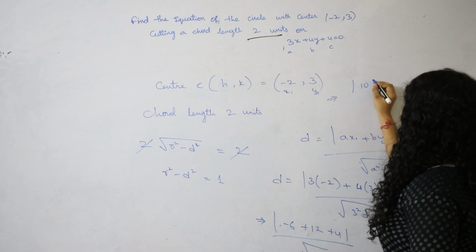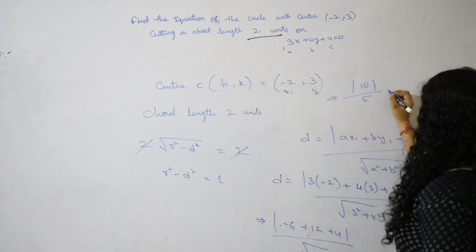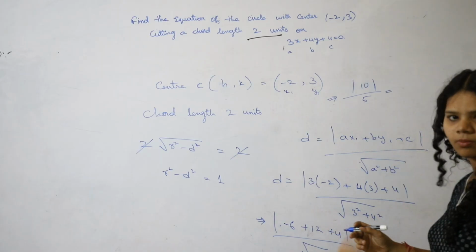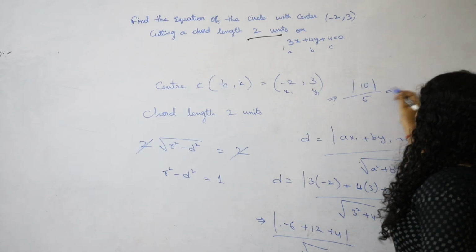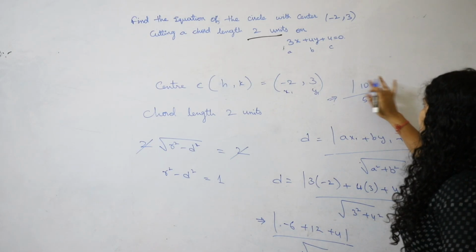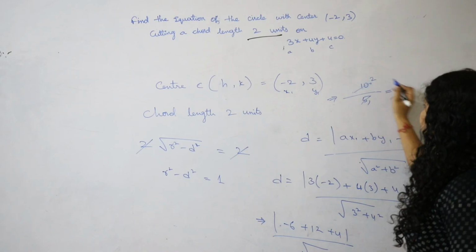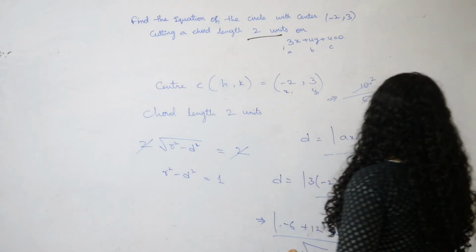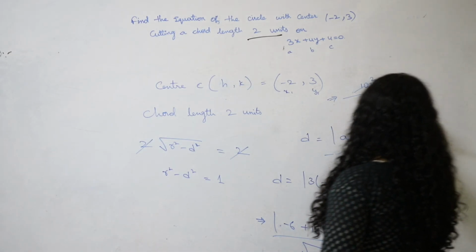The square root of 25 is 5. Here there is a modulus, so the sign doesn't matter. So 10 divided by 5 is 2. Therefore d equals 2, the distance equals 2.